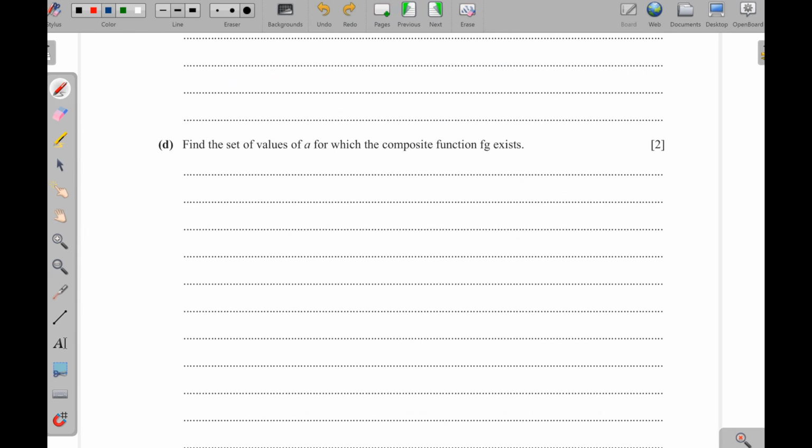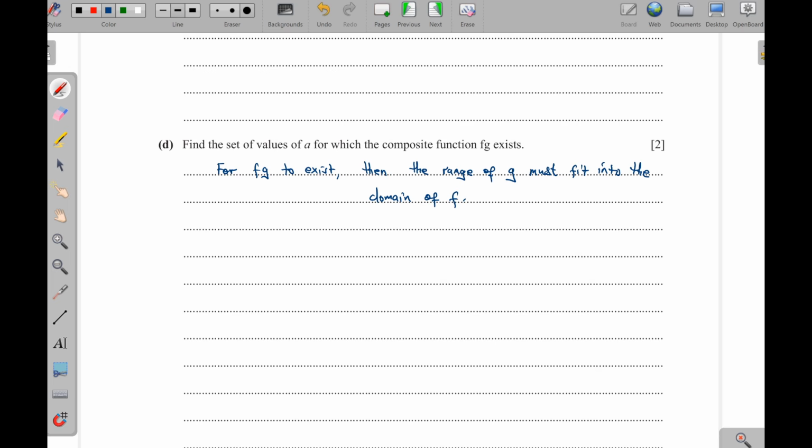Then part D, find a set of values of f for which the composite function g exists. For which the composite function g exists. So for f of g to exist, okay, then the range of g must fit into the domain of f.